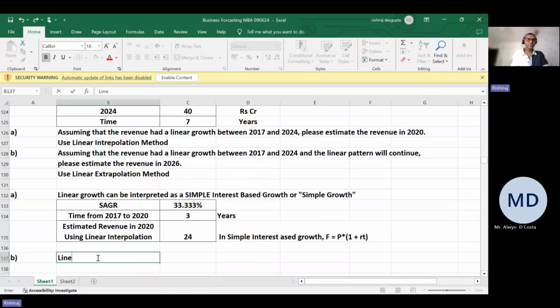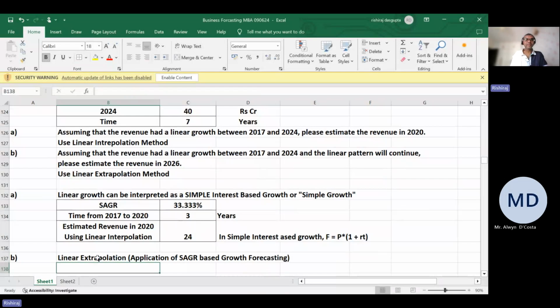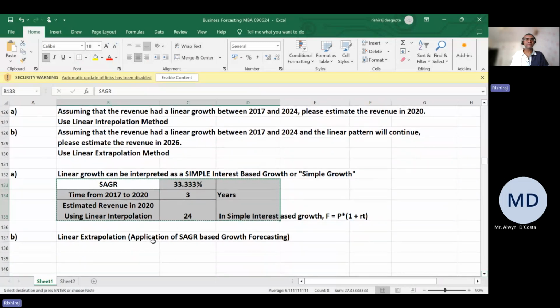So this is linear extrapolation, an application of SAGR based growth forecasting.